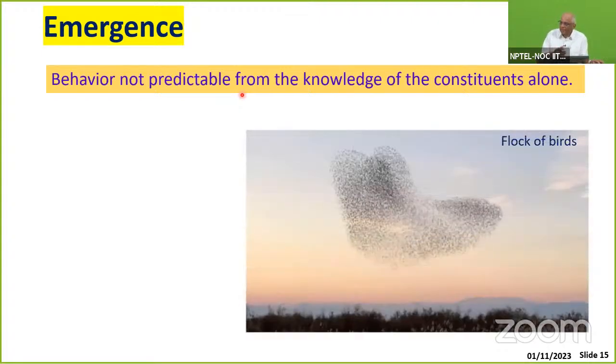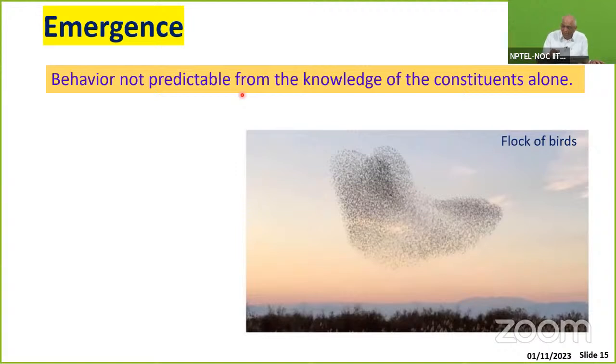A classic example of emergence is where the correlation is so important. I'm sure you all know how a flock of birds fly and how they navigate. Here, the navigation is not determined by any one bird in that flock, but all the birds contribute to the navigation.